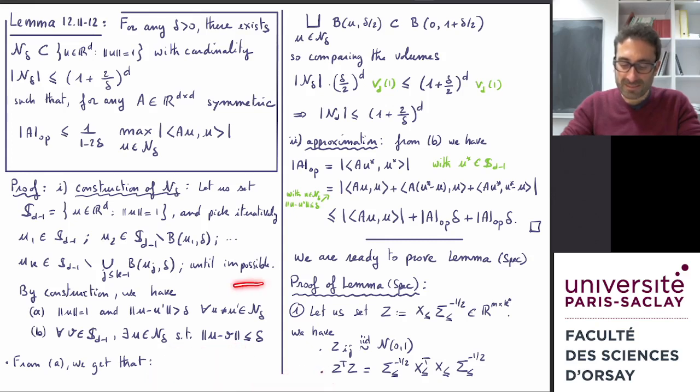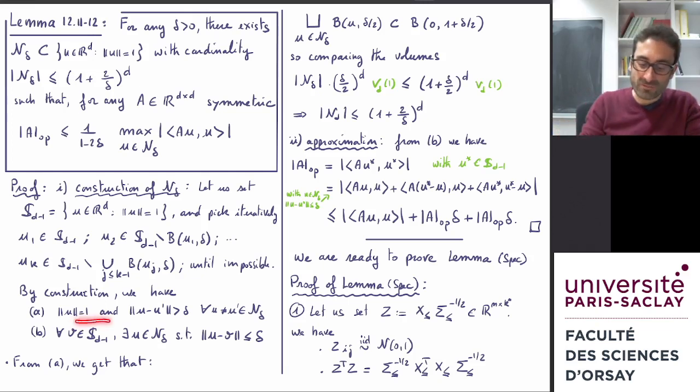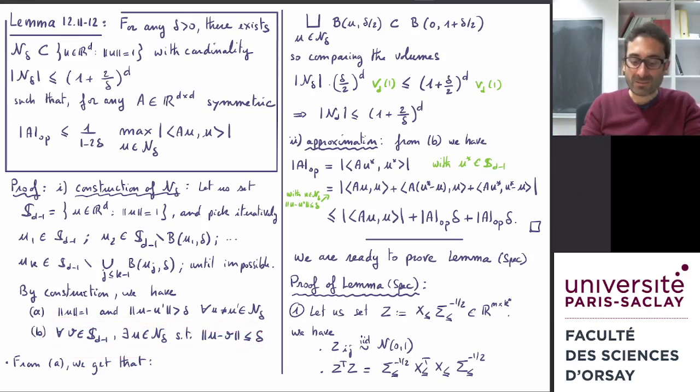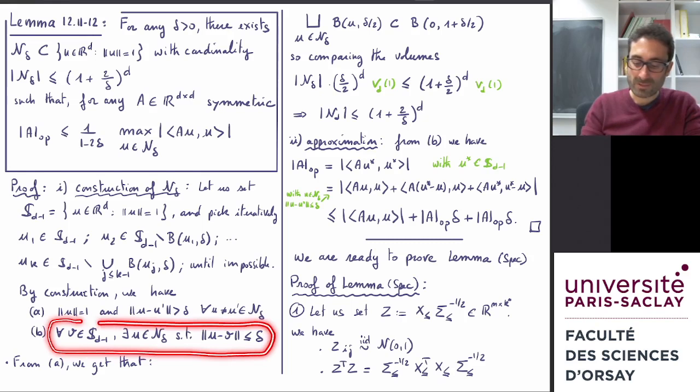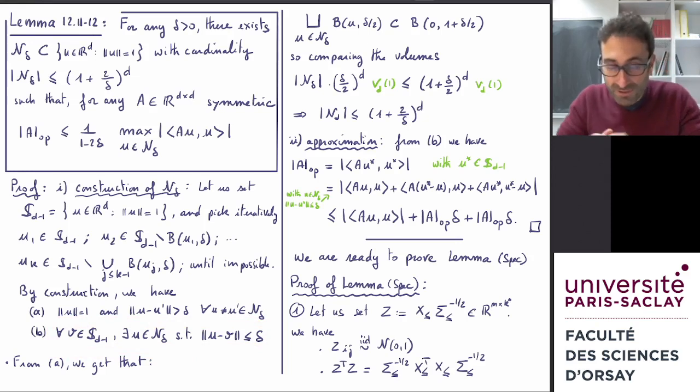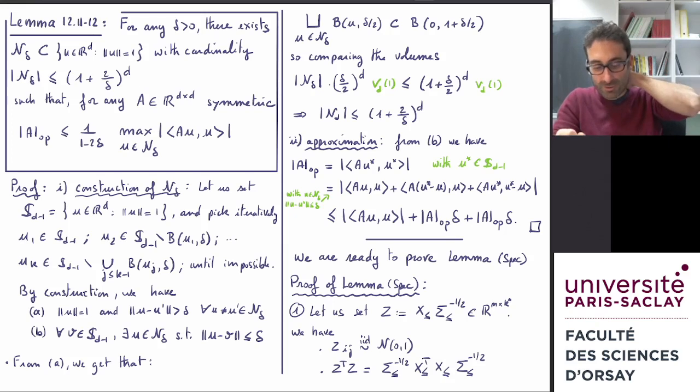But you know that you have stopped because it was not possible to find such a V. So when you have constructed N delta, you have stopped when it was not possible to find such a V anymore. So by construction, you know that you cannot find a V such that this does not hold. Okay? So by construction, you know that for any V in the sphere, you have this property. All right, so these will be the two important properties that you will use.